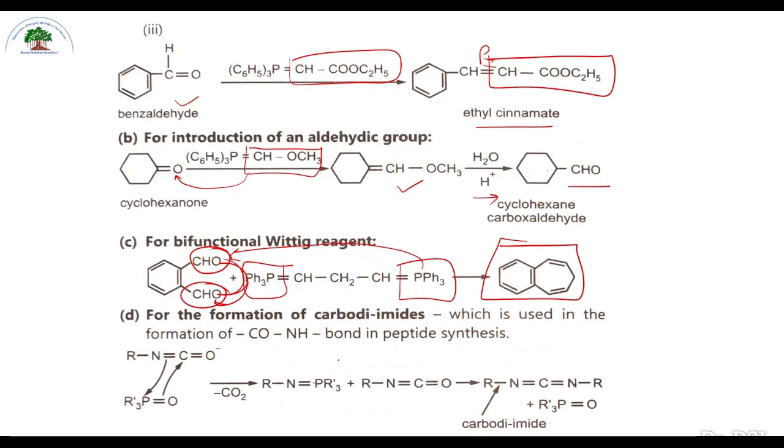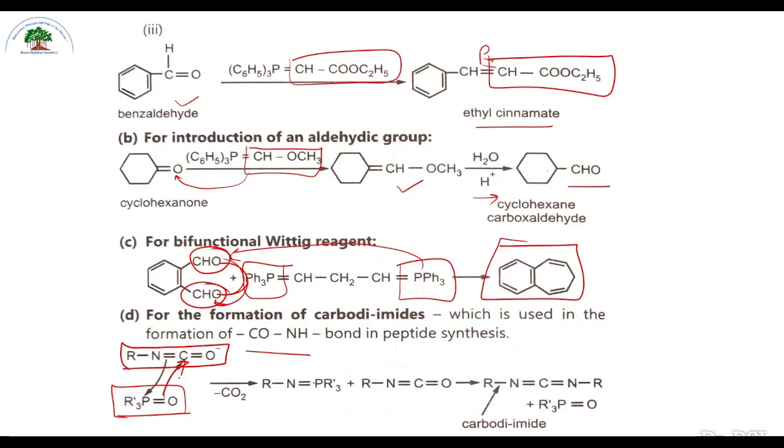For the formation of carbodiimide, which is used in the formation of the amide bond in peptide synthesis, it is R, double bond C, double bond O. Alkyl isocyanate reacts with this trialkyl P double bond O group.